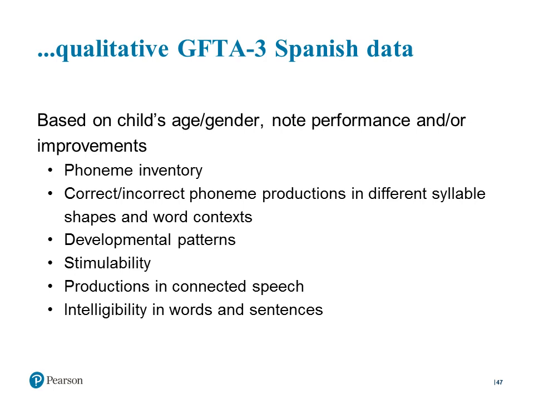Again, with the example of the prevocalic M, it's not the same to produce the phoneme in a CV syllable as it is to produce it in a CVC syllable. So with GFTA-3 Spanish, you can look at the context of syllable structures, look for developmental patterns, check for stimulability, note the quality of productions in connected speech, and the intelligibility in words and sentences.